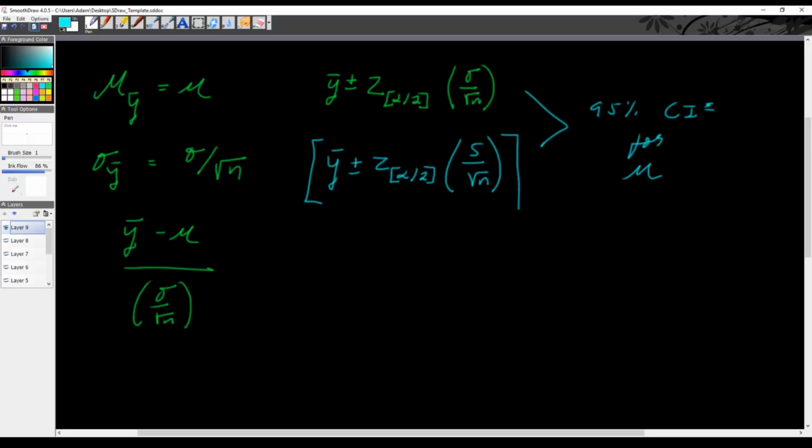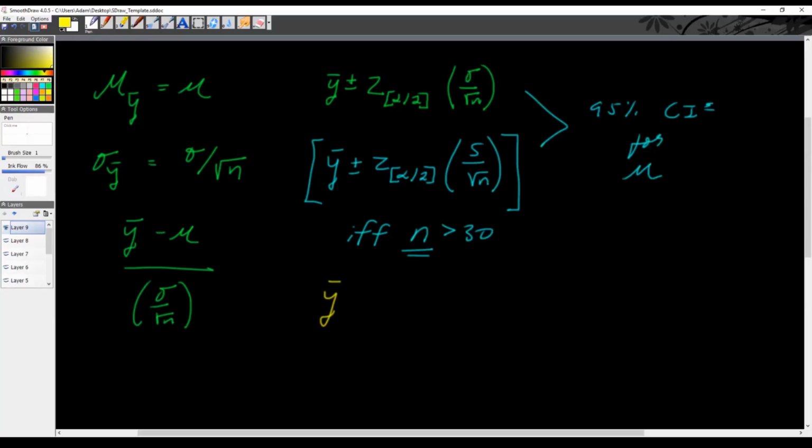When we do not know the population standard deviation, if, this is the big one, if, I'm going to put 2 f's, if and only if, n is greater than 30. So if we have a large sample, we can use that formula to solve for the confidence interval. And if the sample is small, we are going to use a different formula.